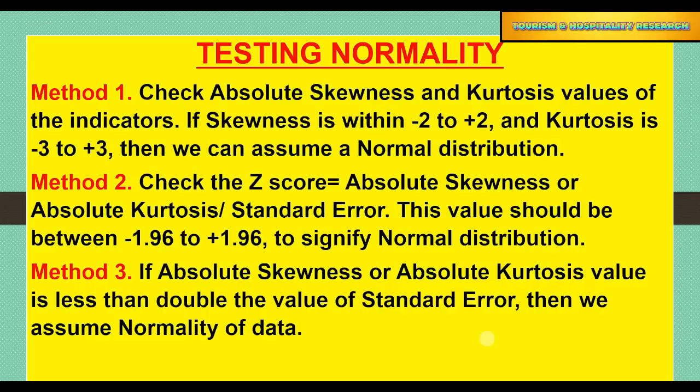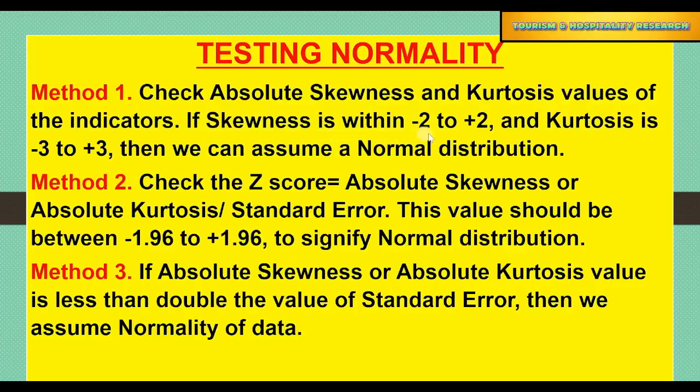How do we test normality in SPSS? Here I have mentioned three different methods which you can use to assess the normality of your data. Method 1 says that you have to check the absolute skewness and kurtosis values of the indicators.